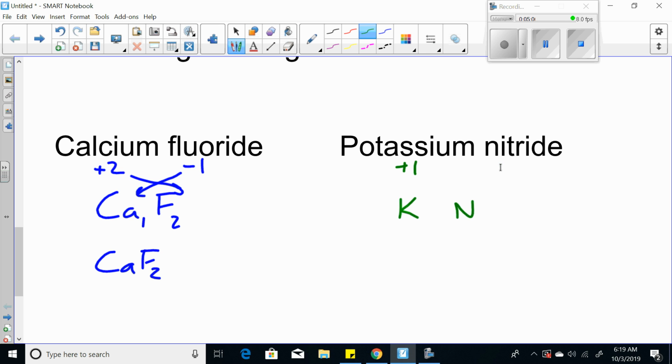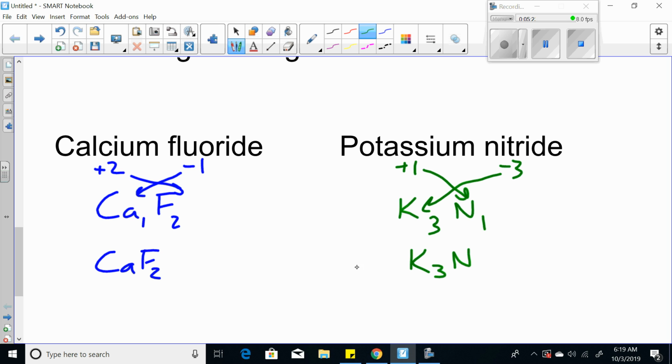Once you figure it out, I'm just doing it so that you can see the process. So this -3 is going to go to my potassium. The 1 is going to go to the nitrogen. And again, you can drop the negative and the positive. We don't have to write 1, so we go to K3N.